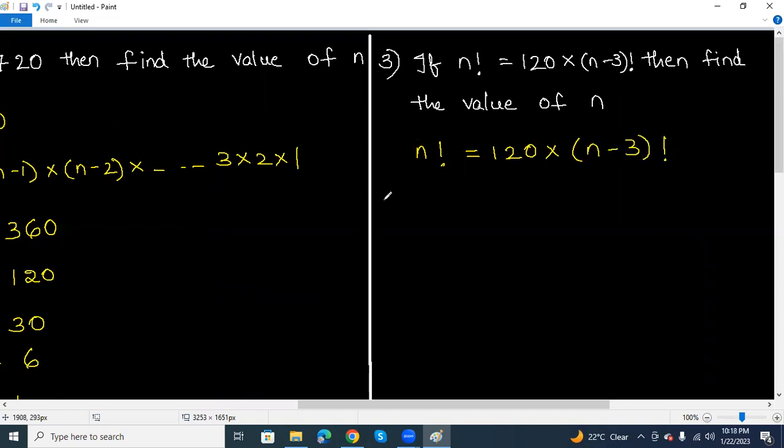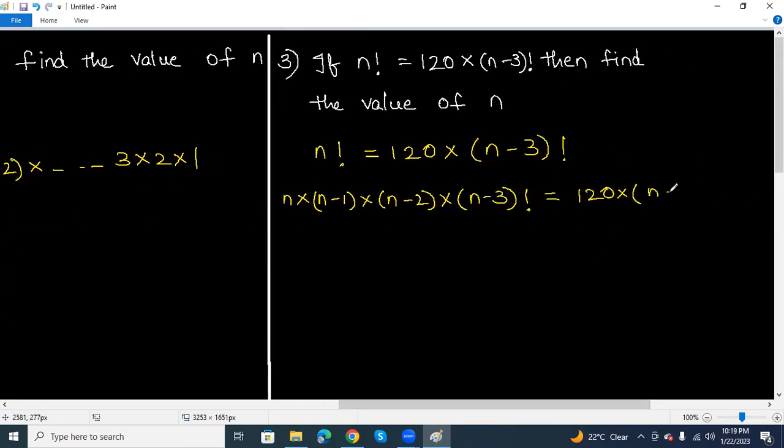Let's write the formula for n factorial. n into, in terms of n minus 3 factorial, n minus 1 into n minus 2 into n minus 3 factorial. Okay. We can write n minus 3 into and so on, 3 into 2 into 1. So that is nothing but n minus 3 factorial only. Am I right? So now, on the right hand side I have 120 into n minus 3 factorial.